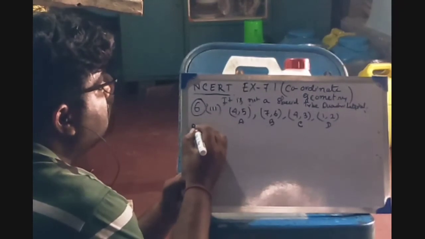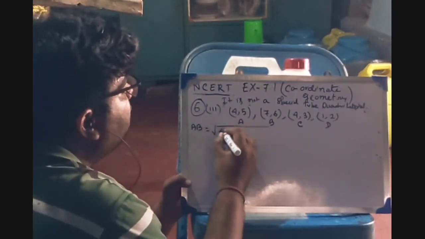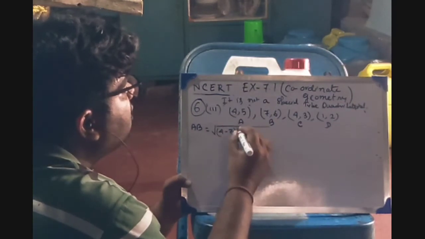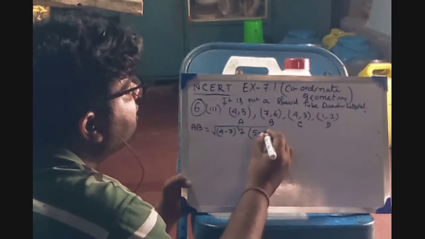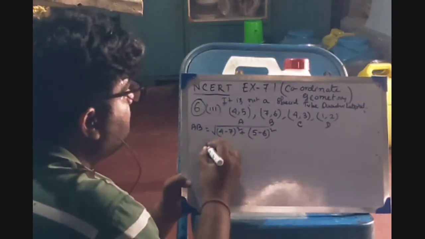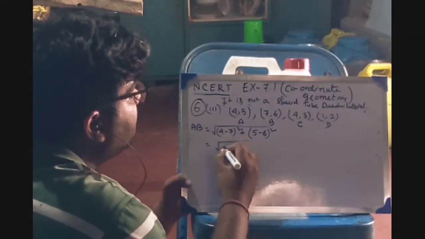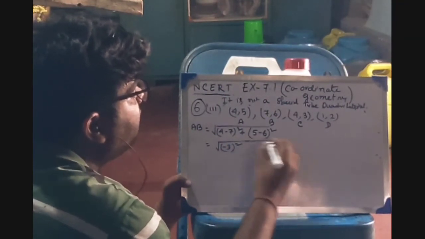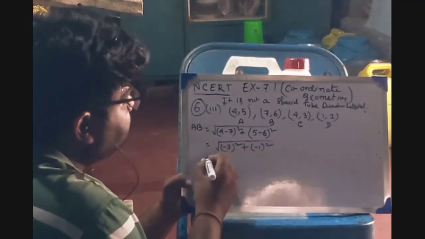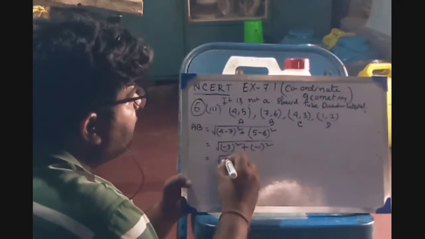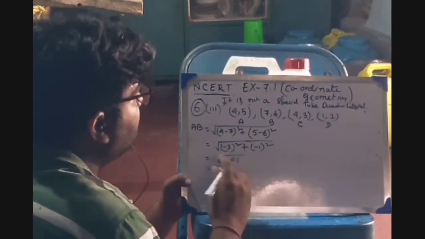Now AB is equal to root under of (4 - 7) whole square plus (5 - 6) whole square. That's equal to root under of (-3) whole square plus (-1) whole square, root under of 9 plus 1, root 10.